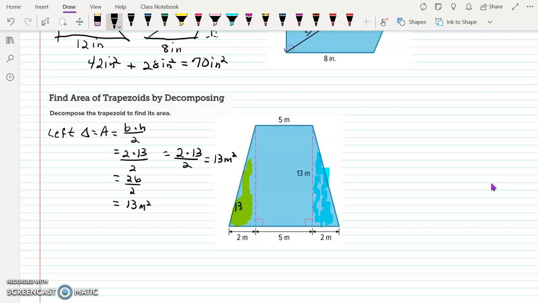The only thing I have left to do is find the area of my rectangle. And of course, we know the area of a rectangle is simply the base times the height. So my base is 5, my height is 13. So that gives me 65 meters squared.